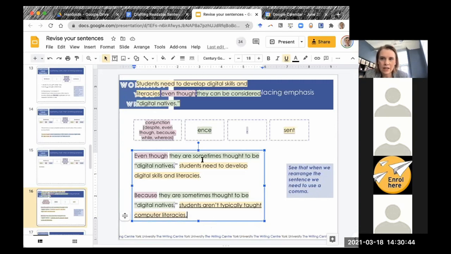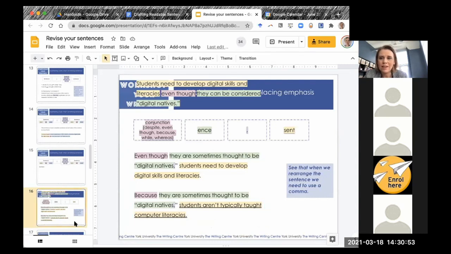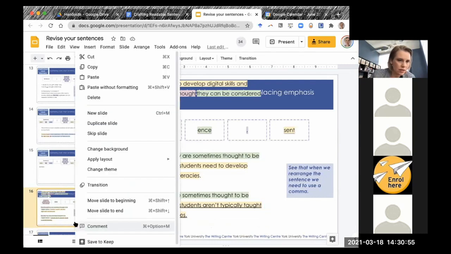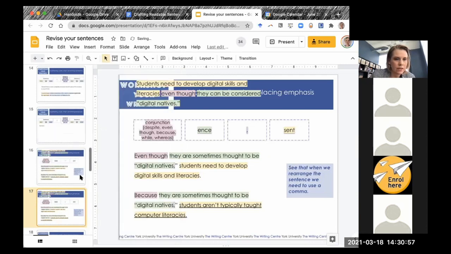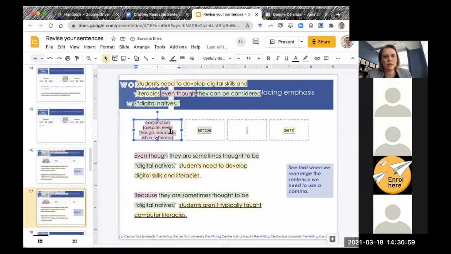Okay, Anastasia asks, can we use passive voice in academic writing? You definitely can. It can get you into some pretty messy writing situations. So let me just give an example, duplicate this.